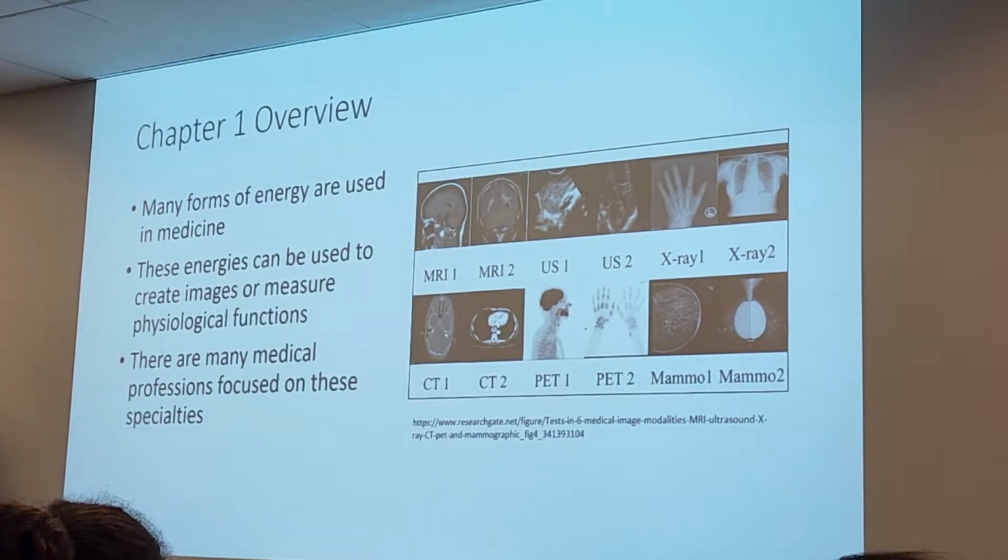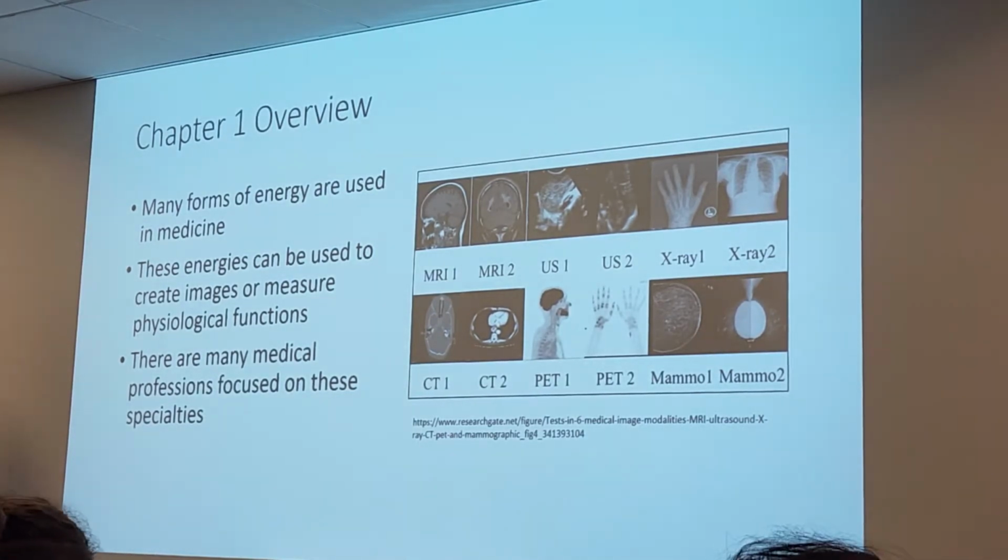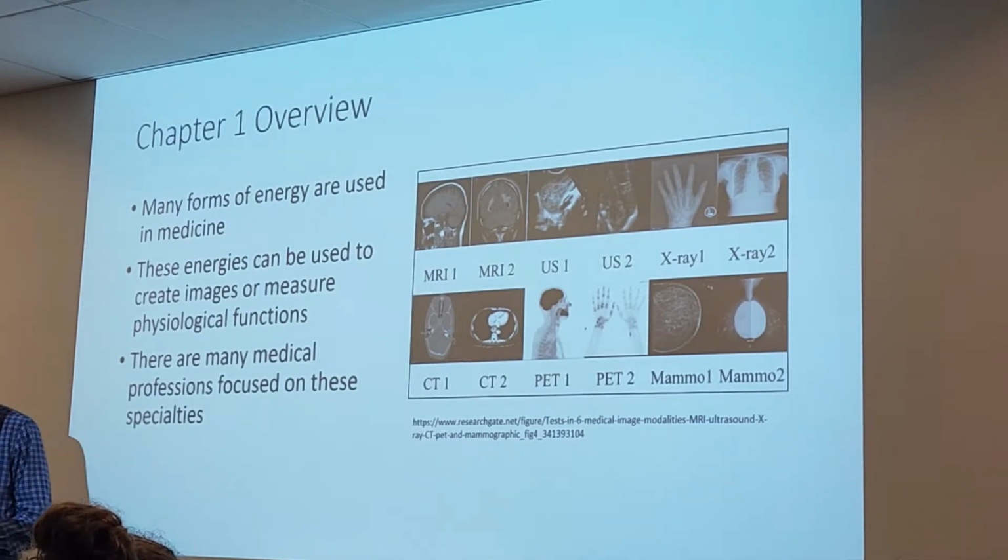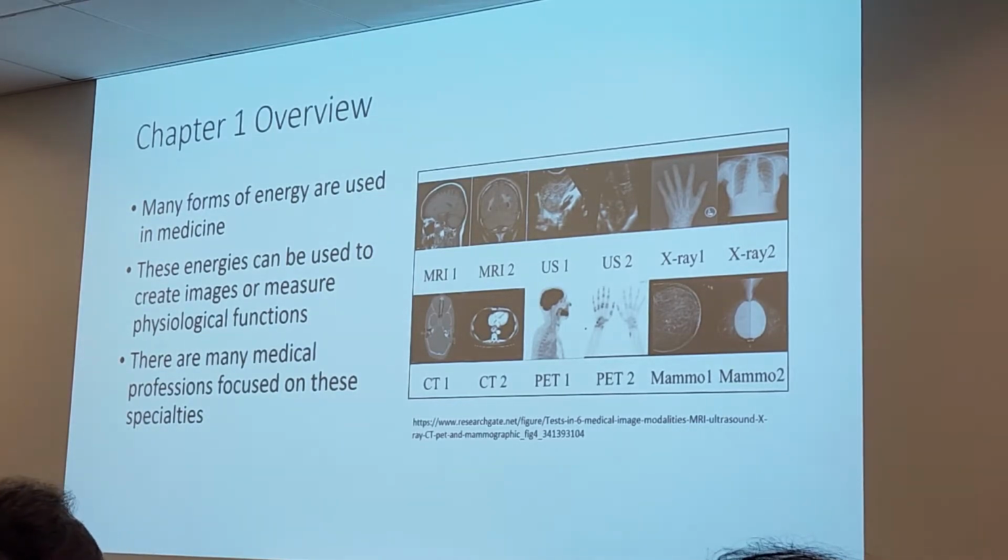So we can look at the anatomy of the patient, or at the physiology of the patient. There are many medical professions focused on these specialties. You see some of them up here in the image to the right: MRI, ultrasound, X-rays, CT, PET, mammo. These are just some examples of the different imaging modalities out there. Of course, for us, our focus is on X-ray.